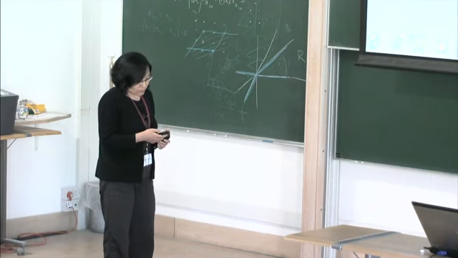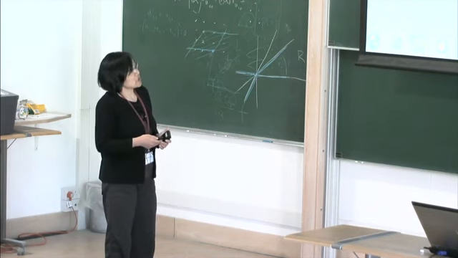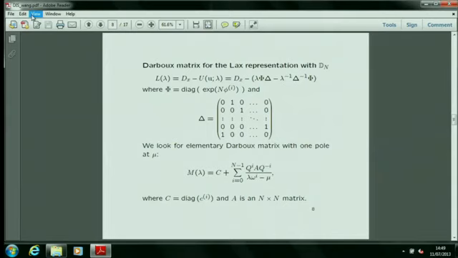So the Lax representation they used to produce the integrable differential equation is that one. And the delta is just like a shift operator, and phi is a diagonal matrix.